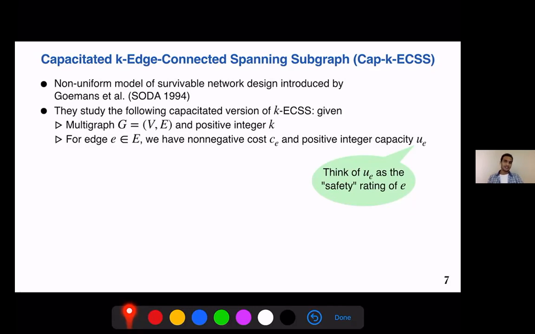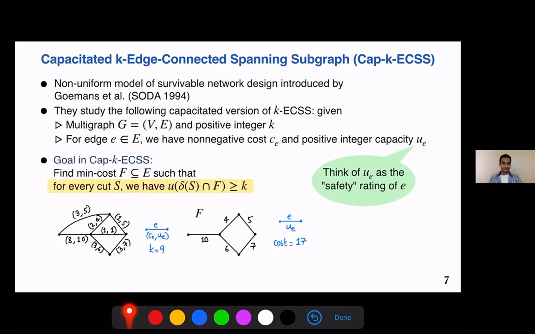It's helpful to think of u_e as some sort of a safety rating of edge e. The goal in capacitated k-ECSS is to find a min cost subgraph F such that for every cut, the capacity of that cut in the subgraph is at least k. So in some sense, we are asking for a safety rating of at least k on each cut.